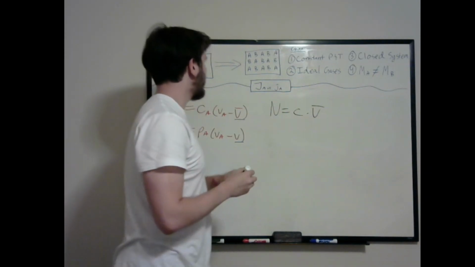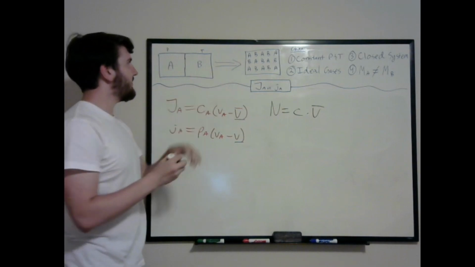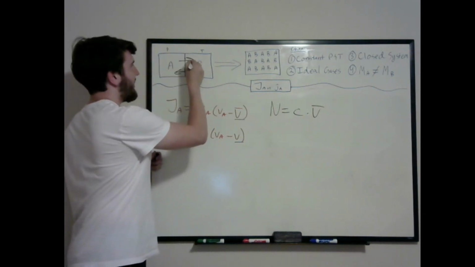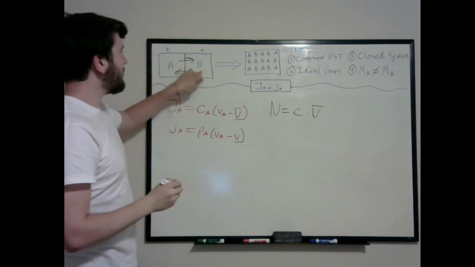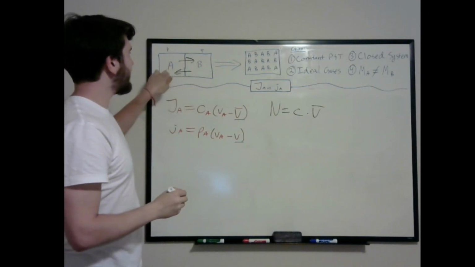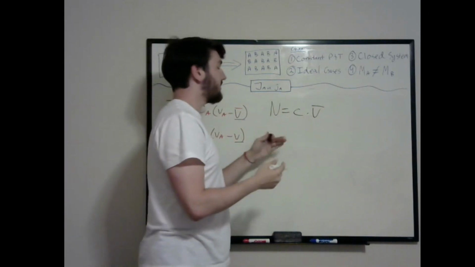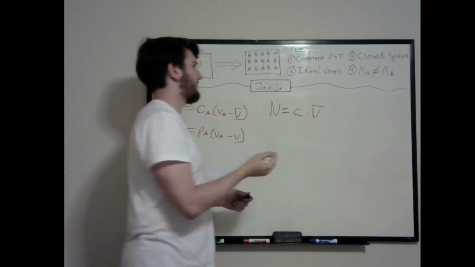We also know, by looking at the problem that we have here, that when we break this open, concentration B and concentration A will be going against each other. Their fluxes go against each other.